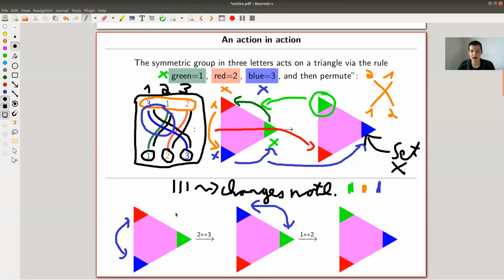Okay. And composition behaves nicely. So that's what I explained here. So if I have first this, and then this, then they compose exactly in the way you think they do. And that would be the definition of an action. The definition of an action is exactly modeled by keeping this picture in mind.